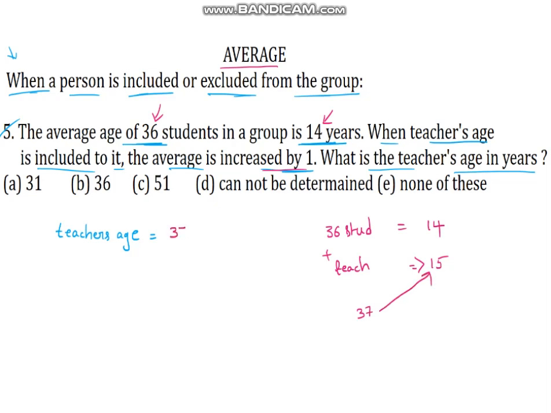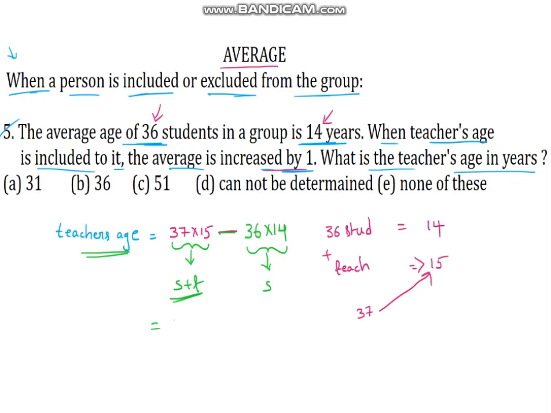Here, 37 into 15 minus, this is the total age of students plus teacher minus the total age of students. How many students are there? 36 into 14. This is the total age of only the students. When we subtract this from the total age of students plus teacher, we get the teacher's age.